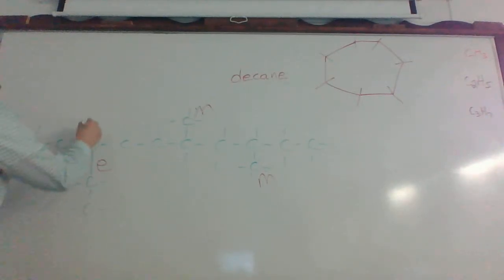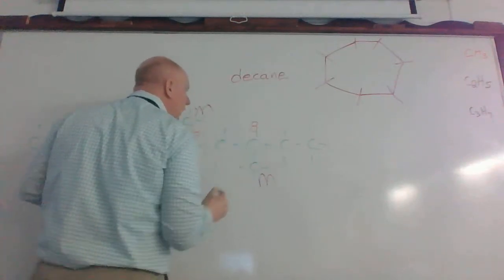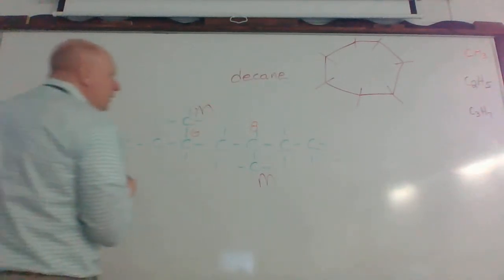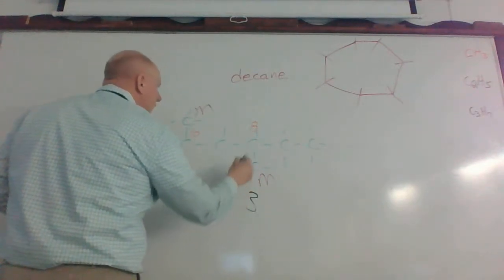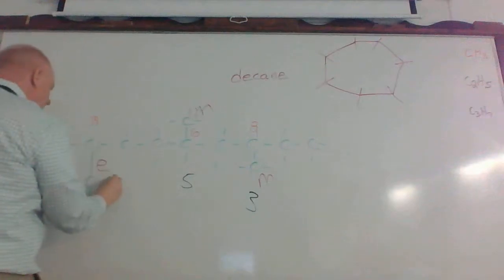Okay, so in this case, let's look at this. If we go left to right, we've got one on 3, 6, 7, 8. Okay? And if we go the other way, we would have 3, 4, 5, 6, 7, 8.